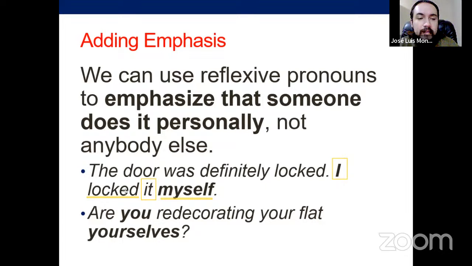All right, and I did it personally. Or again, remember the example I gave you a few minutes ago. It was like I painted that work of art myself. So I is doing the action, painted is the verb, that work of art is the object, myself is the emphasis.